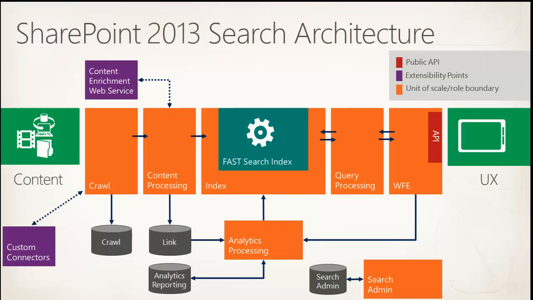And on the bottom here, we have the search admin, so you can control and access all of these components through PowerShell. Also, each of these boxes you see here is individually scalable, so you can scale out depending on the amount of content you have, or traffic, or number of documents, or high query volume. So all of these boxes are accessible through PowerShell to just add on. Other sessions have gone into that in detail.